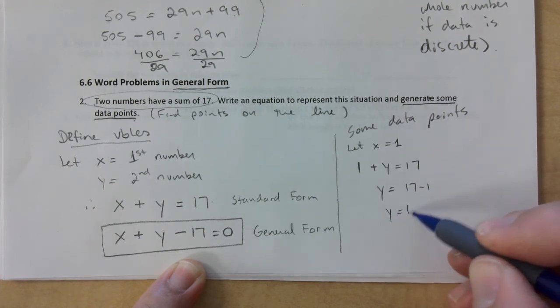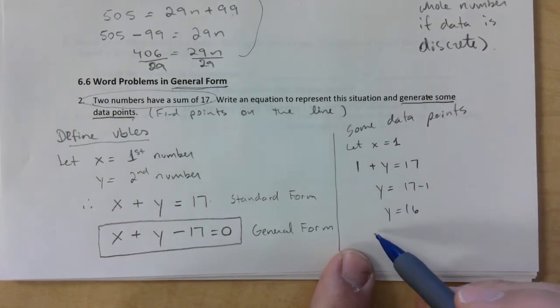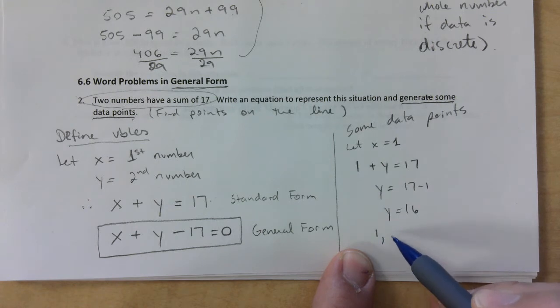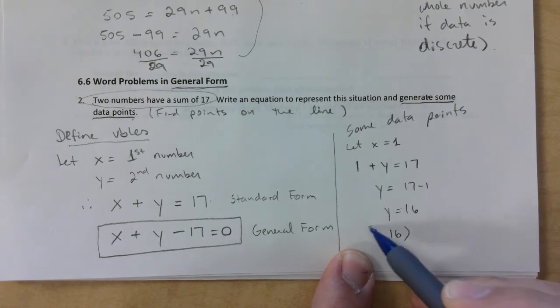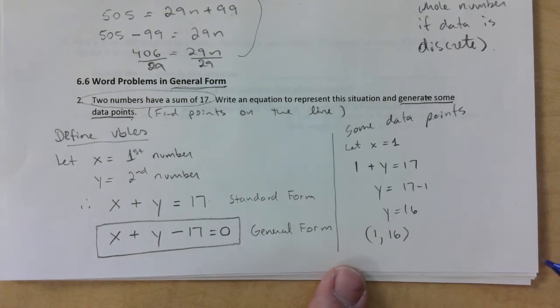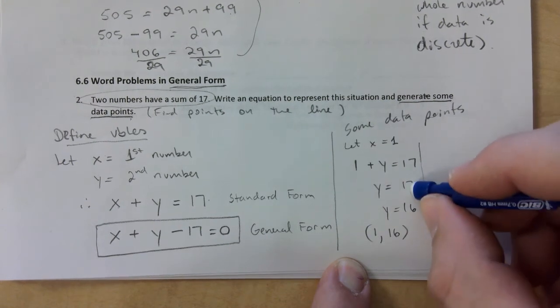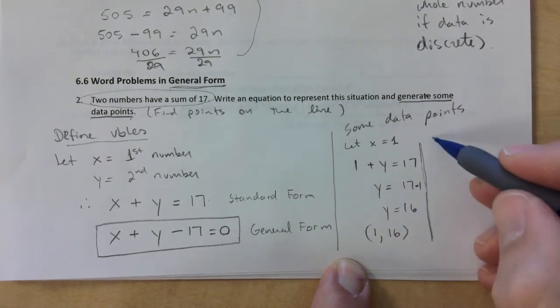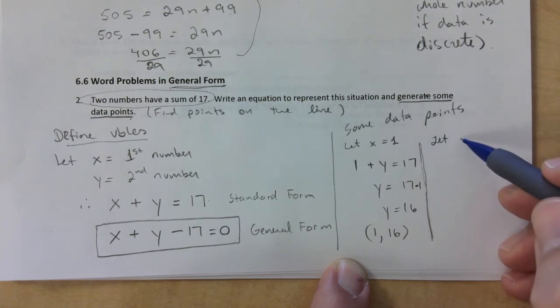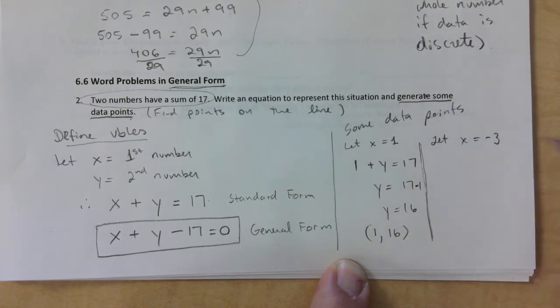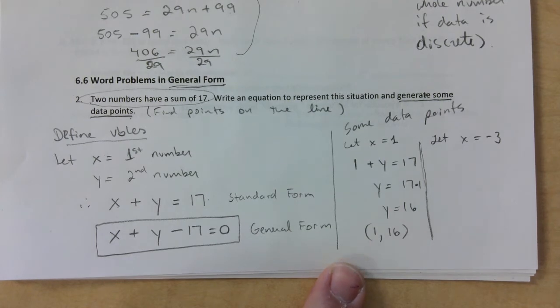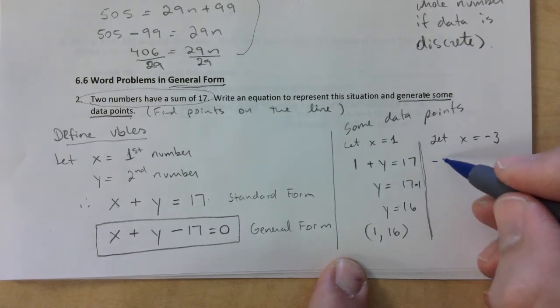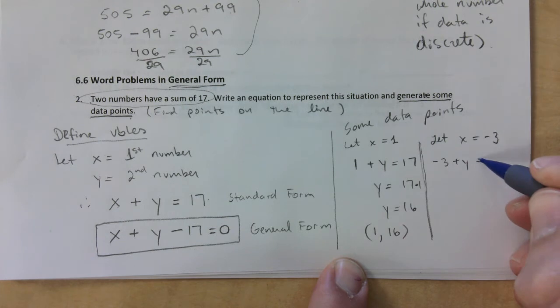So y would be 16. So basically when x is equal to 1, y is equal to 16. That's one data point. So here, right? You can let x equal to -3, because you could have negatives, right? You go -3 plus y is equal to 17.